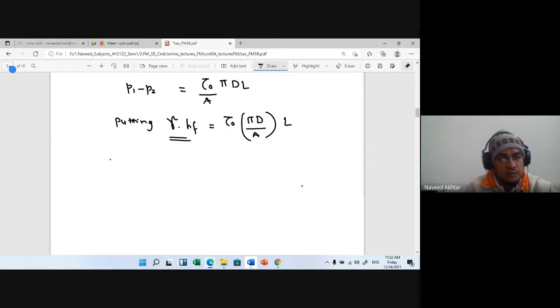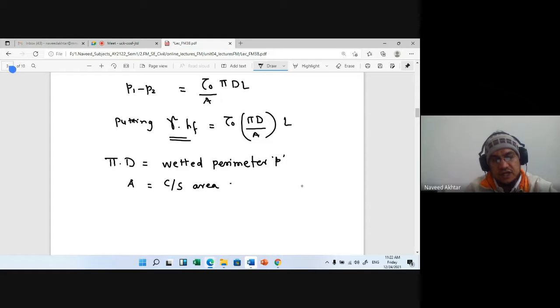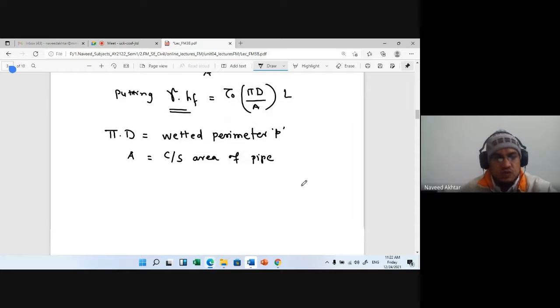Pi into D is nothing but the wetted perimeter at the surface of the pipe, because the diameter is D, denoted by P. And A is the cross-section area of the pipe where the liquid is flowing.